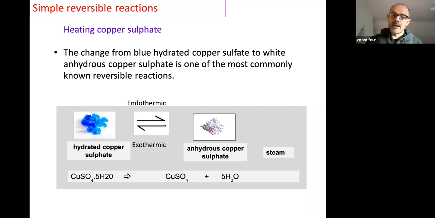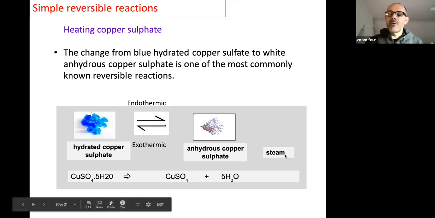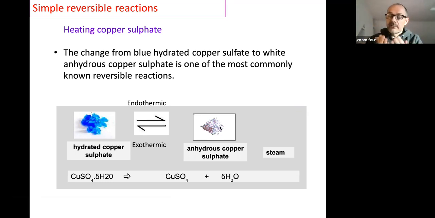Now, you can make that go in the opposite direction. If you add water to anhydrous copper sulfate, it gets hot. You can feel the test tube getting hot. And if you just add a couple of drops instead of lots and lots of water, instead of it becoming a solution, it just goes back into being blue crystals. So we can make the color go backwards and forwards.